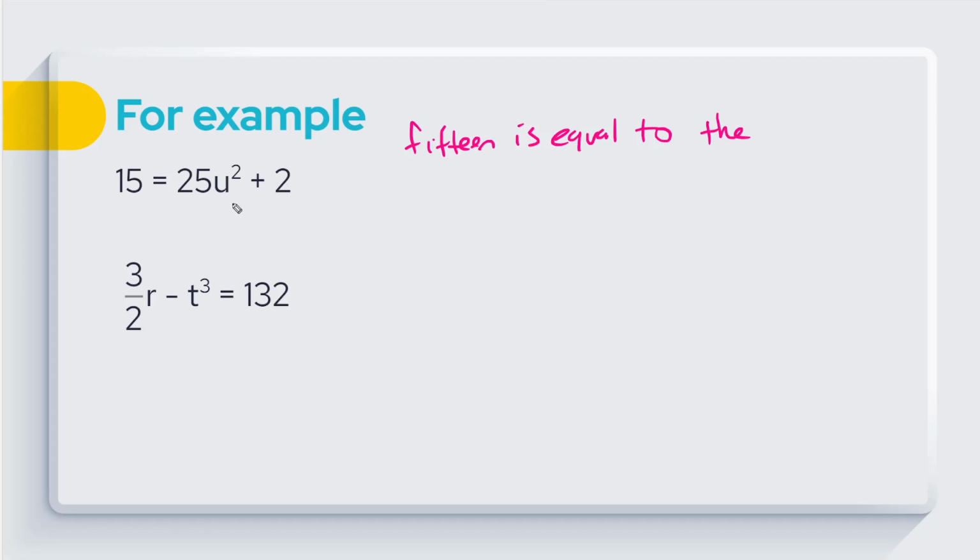Two things that are being multiplied together, the product of 25 and u squared, and then we have an add 2. And that's it. Here we have a verbal equation of the algebraic equation that we were given.